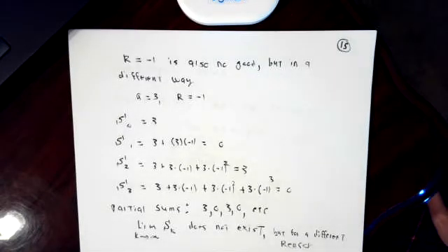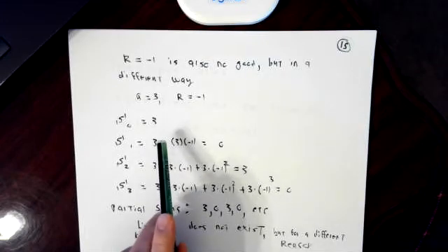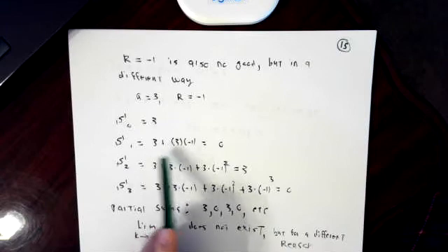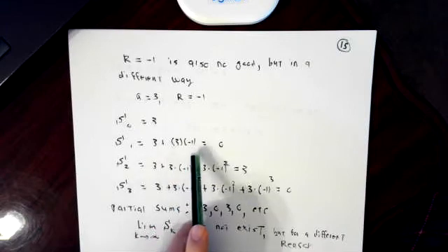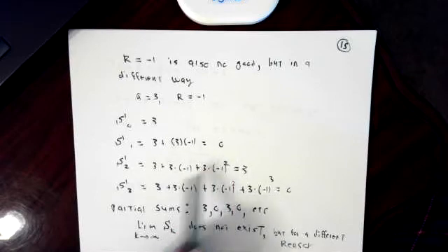If r is equal to -1, this is also no good, but it's no good in a different way than the previous one was. Let's say that a is 3 and r is -1. S0 will be 3. S1 will be 3 plus 3 times r raised to the first power, which is 0.